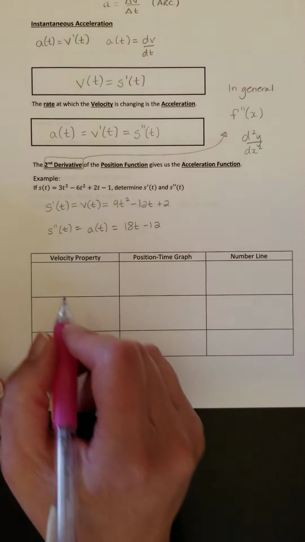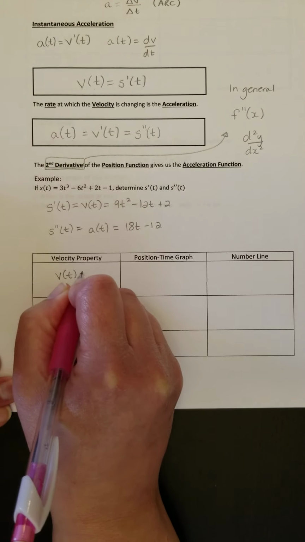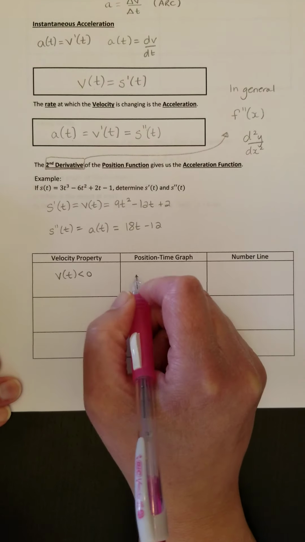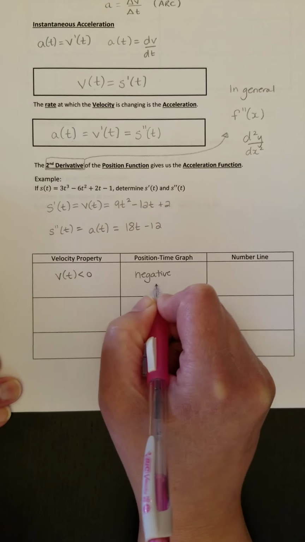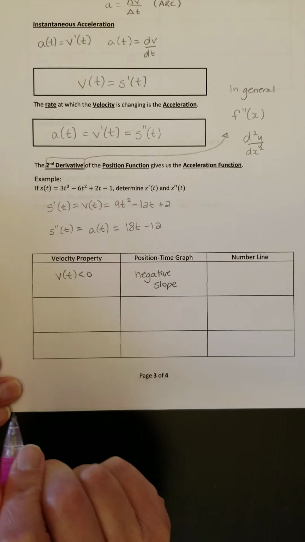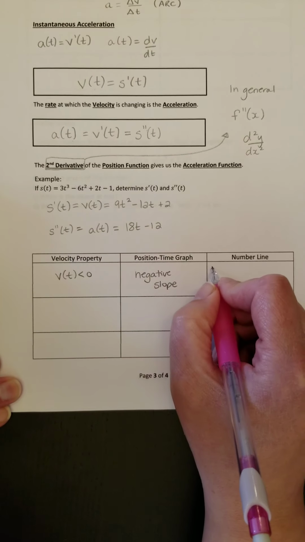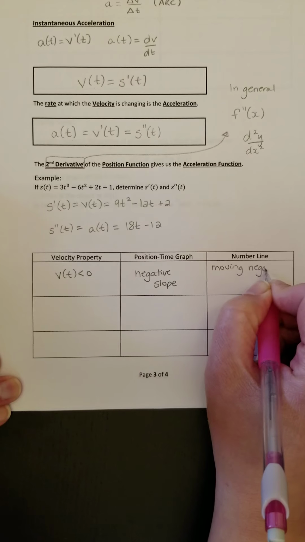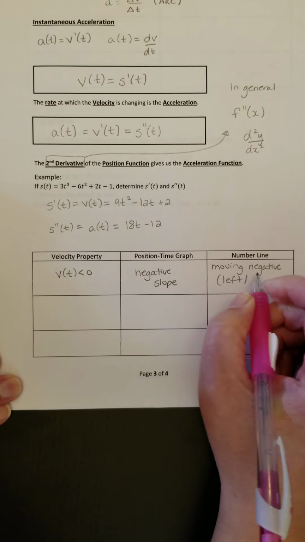So here, we know that if the velocity is less than 0, your position time graph will have a negative slope. We looked at the example in the very first video. And on a number line, it's moving negative, which is left or backward.